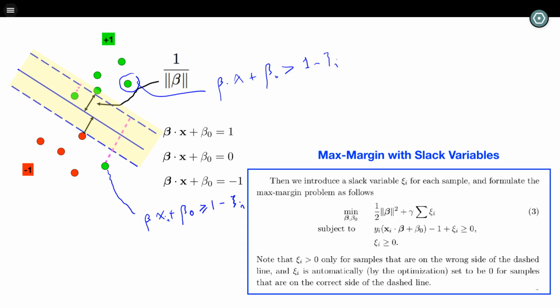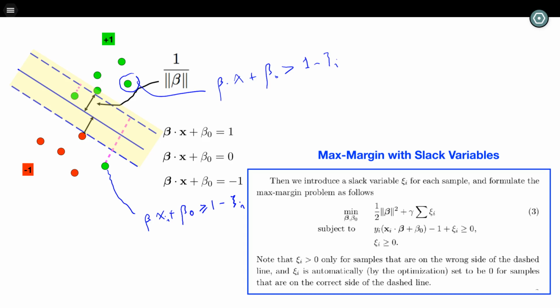The psi i's are introduced as slack variables because previously we wanted the inner product of y i and that parenthesis to be strictly bigger than 1, but now it's bigger than 1 minus psi i. And sometimes we need the psi i. For example, for these two green points, we need non-negative psi i. Okay, so this is our objective function.